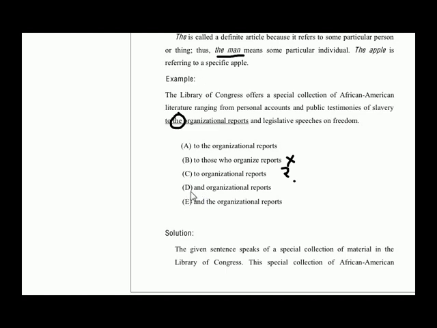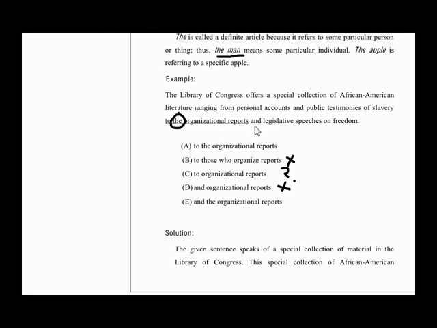Choice D is and organization reports, so ranging from personal accounts of slavery and organization reports and legislative. So there are two ands coming in, which doesn't quite make sense. Last one, and the organization reports, is the same.